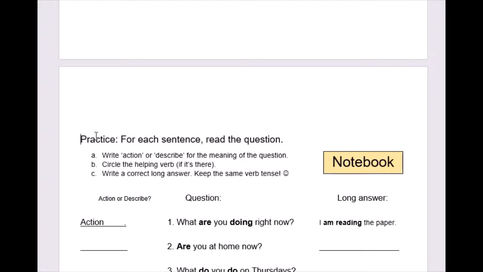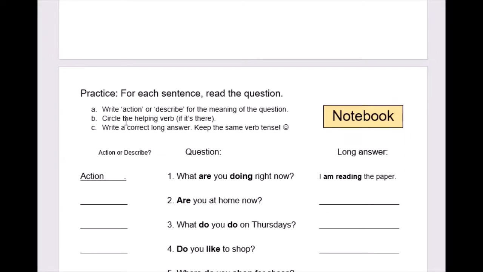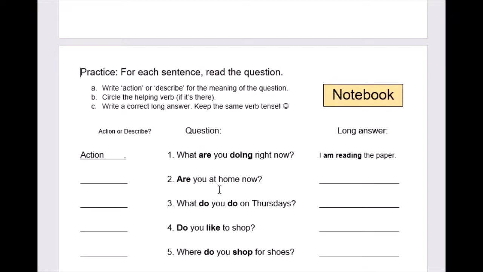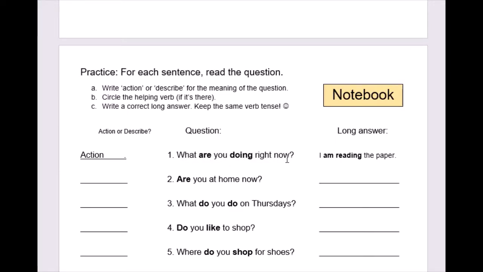So we're going to do some practice here, and I want to know, can you write the long answer for each question and read the question first? What are you doing right now? So this is number 1.